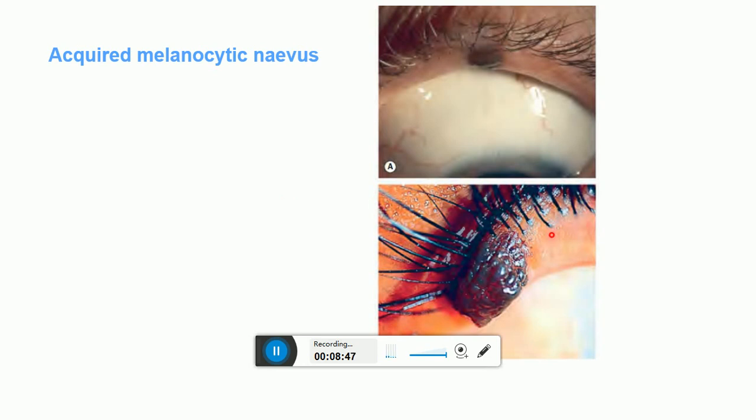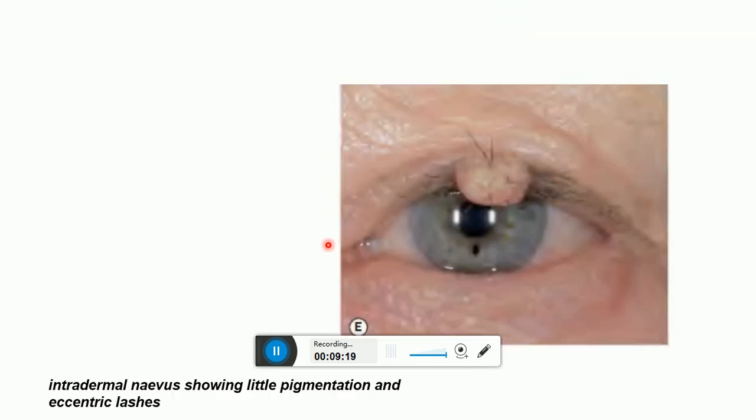So here you can see in the picture, this is compound nevus. There is raised papular lesion and relatively it is uniform throughout. Nevus cells extend from the epidermis into the dermis. It has a low malignant potential related to the junctional component. So this one is junctional nevus, this one is compound nevus.